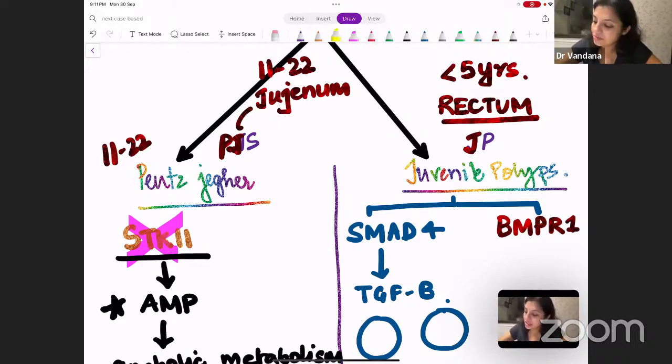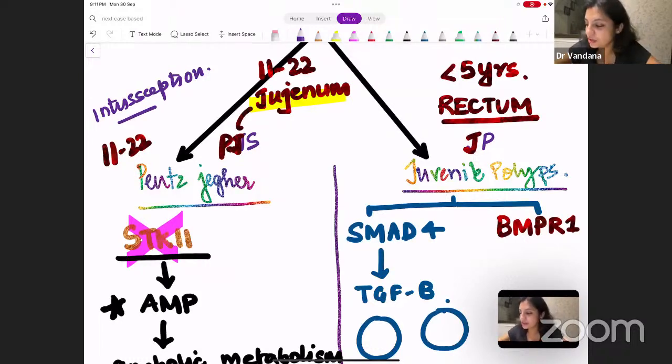Now, since these polyps occur usually in the jejunum, the majority of them will present as intussusception, whereas juvenile polyps usually present with rectal bleeding. So that's a clinical feature that you should be very, very clear with.